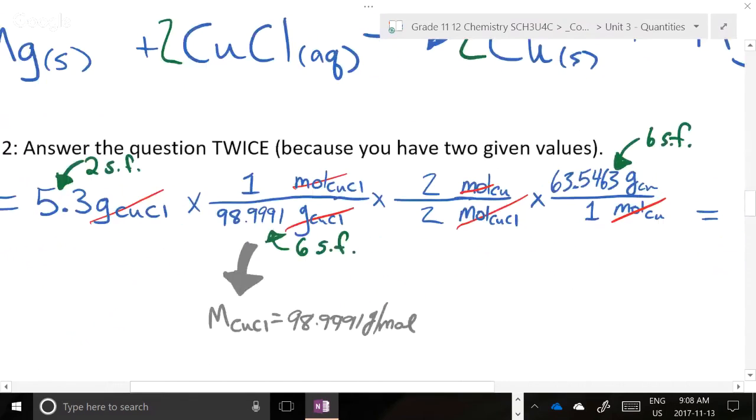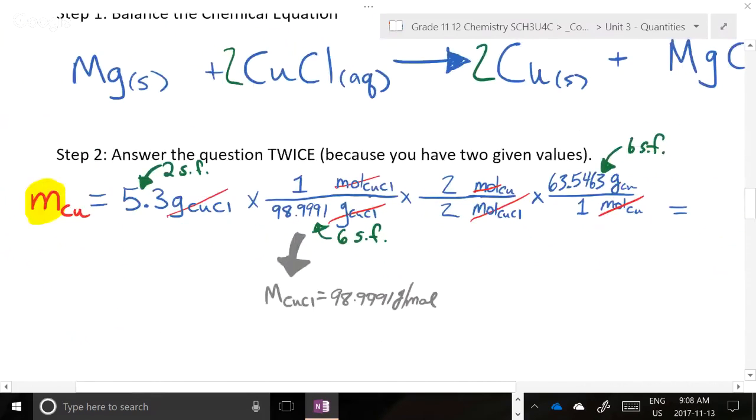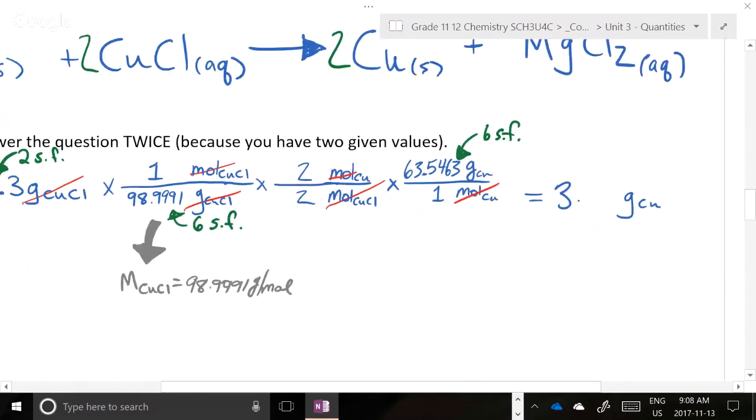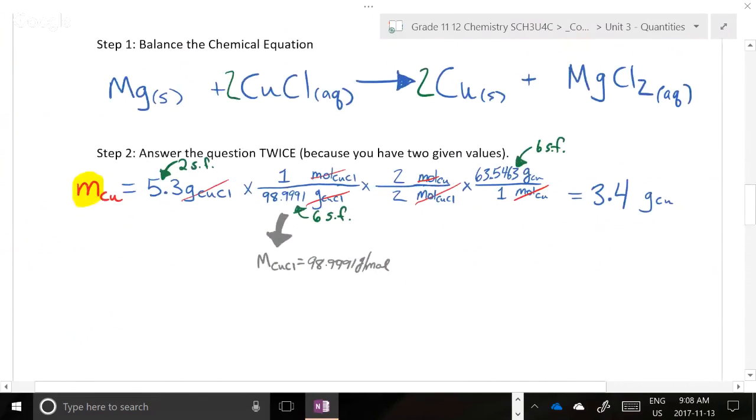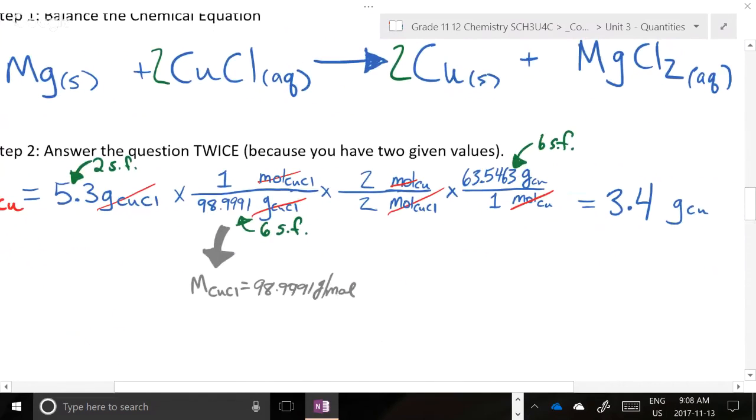Okay, has anyone done this math? What do we get? 3.4. In other words, I want somebody to say this equation as a single sentence. What has all this math told me? This tells you that the mass of copper equals 3.4 grams.